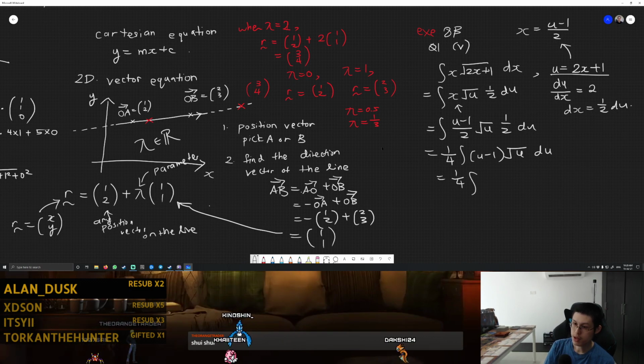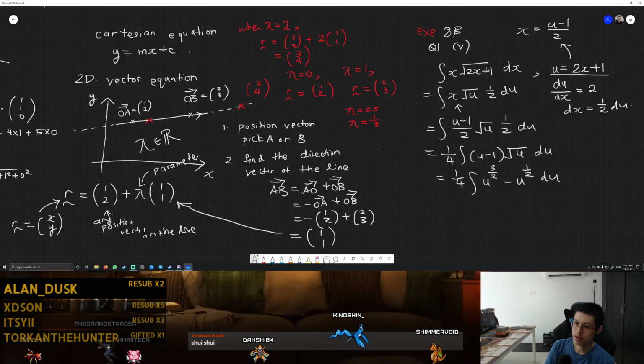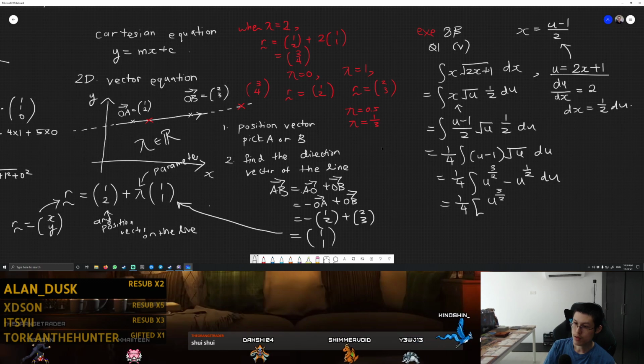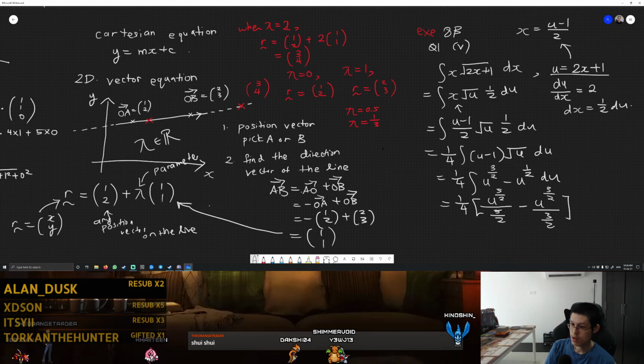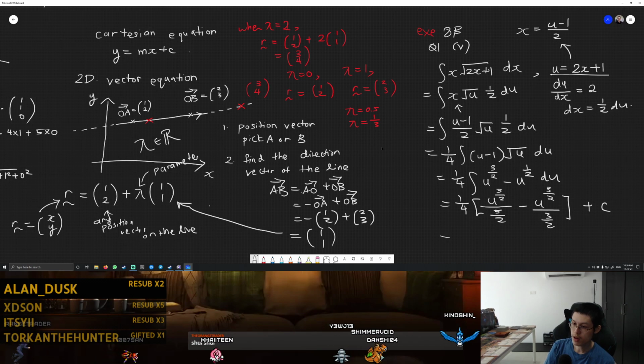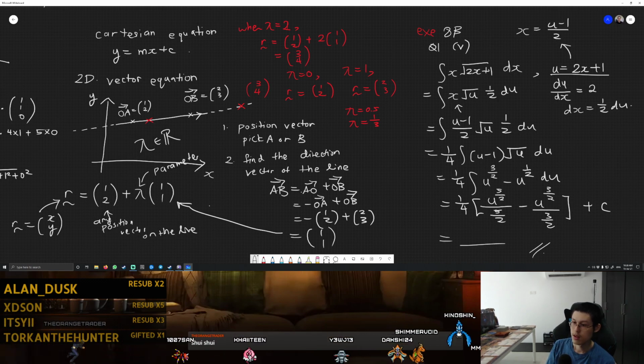Multiplying the u inside, u to the 1 times u to the 1/2 gives u to the 3/2, and this would be u to the 1/2. Then I integrate normally, which gives u to the 5/2 over 5/2 minus u to the 3/2 over 3/2, plus c. Then you simplify, and that's your answer. There you go.